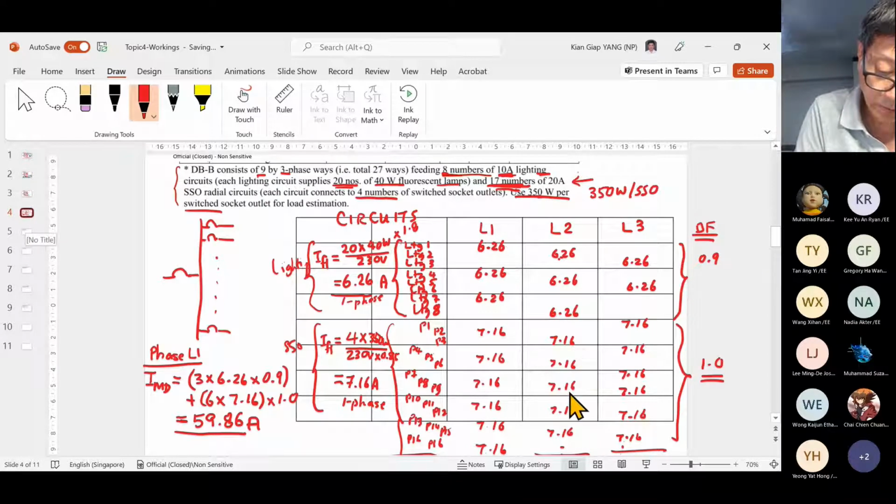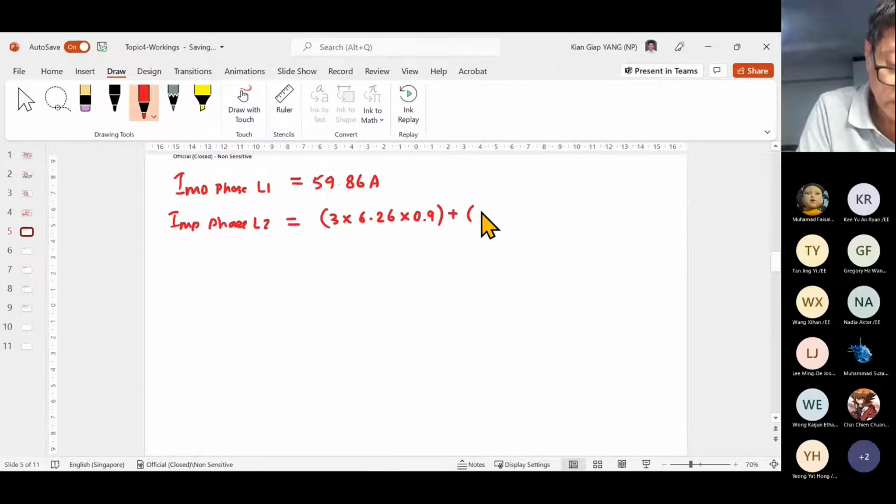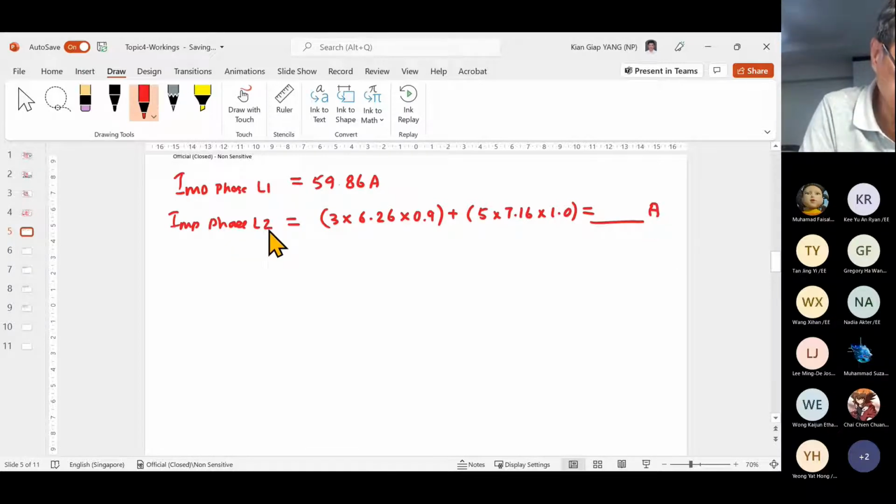I have 1, 2, 3, 4, 5, so 5 times 7.16 times 1.0. So that will give me the maximum demand for phase L2.